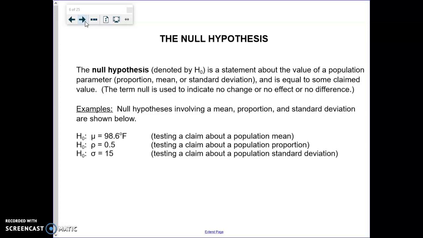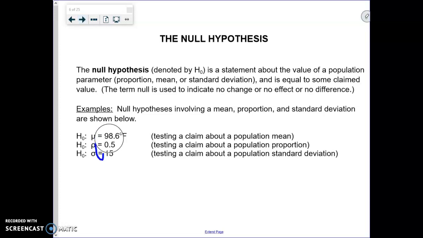The null hypothesis always contains the condition of equality. Always. No matter what your statements are, it always means our population parameter is being assumed to be equal to some value. And so I've given you some examples down here involving a mean, proportion, and standard deviation. Now, again, notice all of these contain equality.